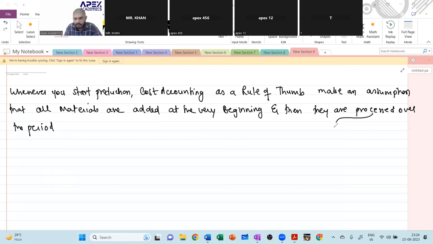What is the meaning of they are processed? You apply to them labor and you apply to them overheads. Of course, direct labor, because indirect labor will fall under overheads. Indirect material will fall under overheads.